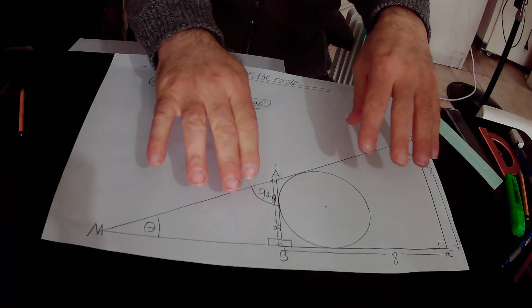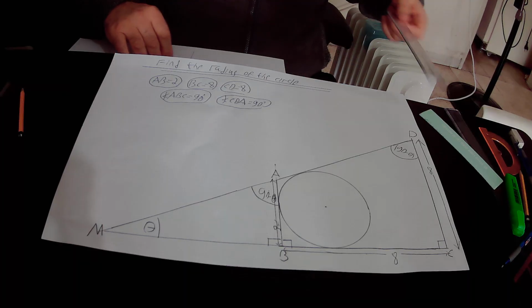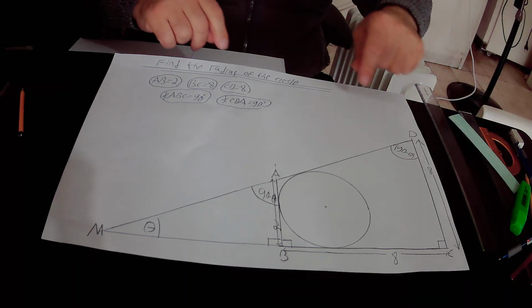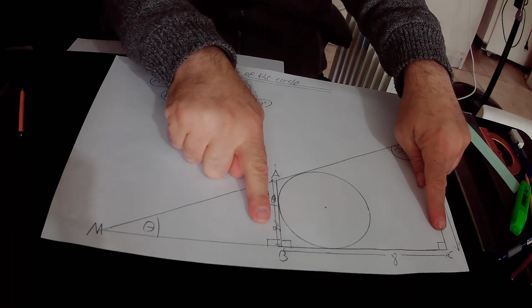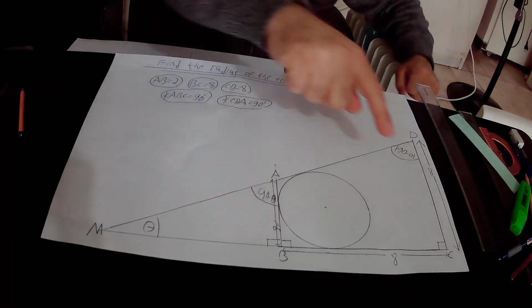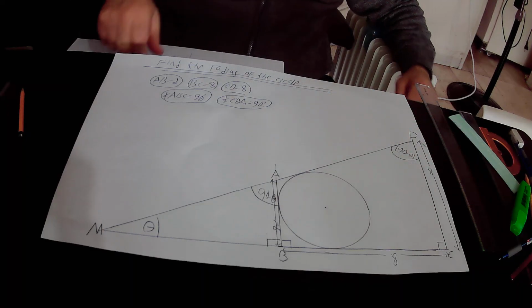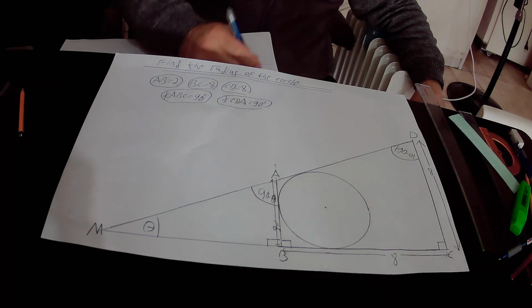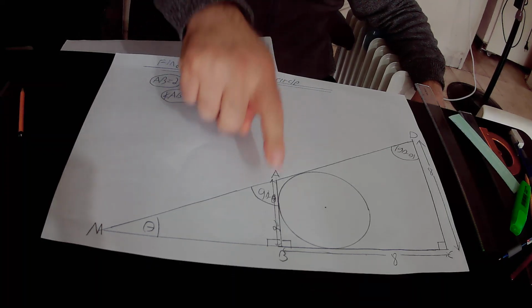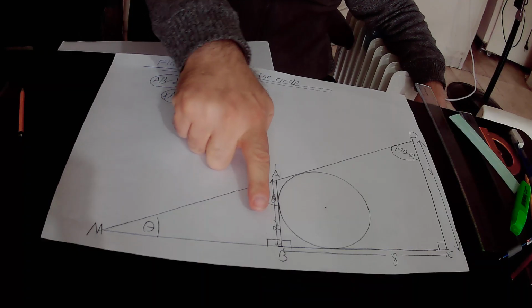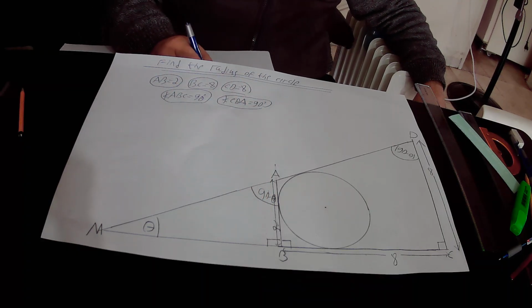So why are those two right triangles similar to each other? First of all, those two angles are both equal to 90 degrees, therefore they are equal to each other. So this is angle DCM in triangle DCM, and it is equal to this angle, that is actually angle ABM, in triangle MBA.